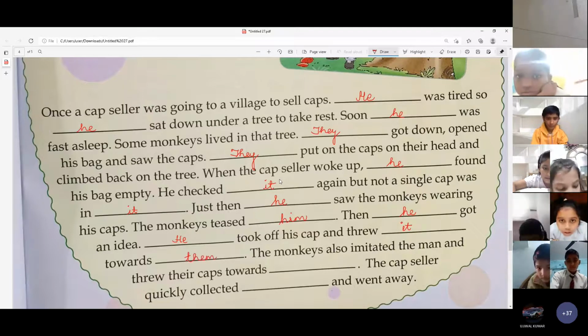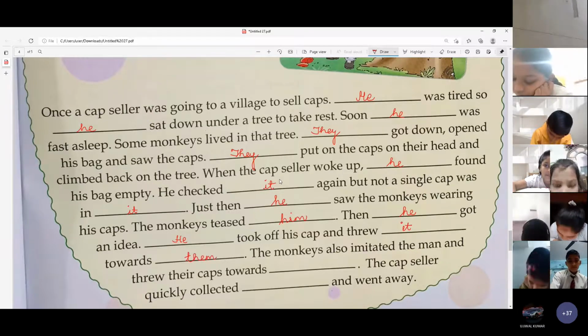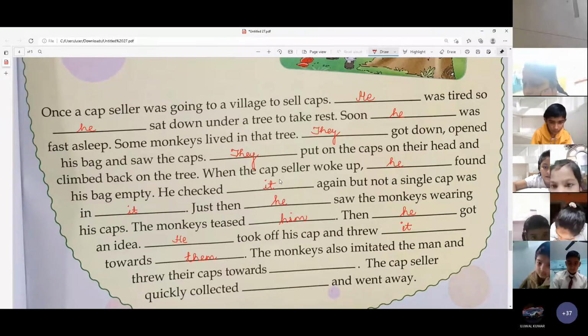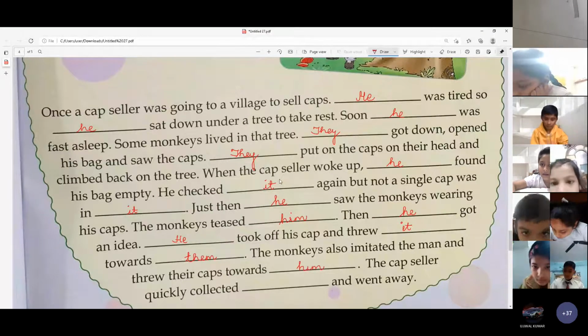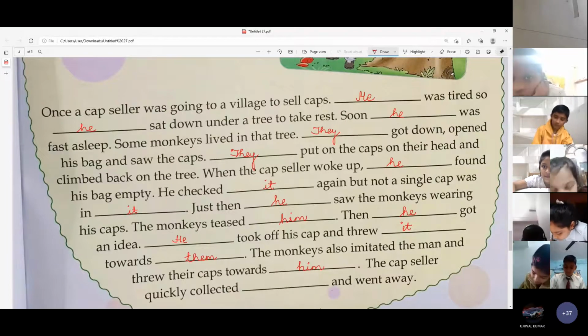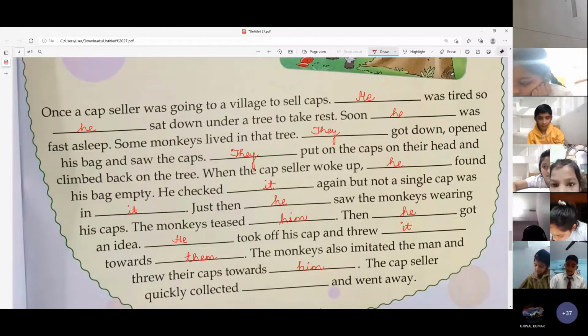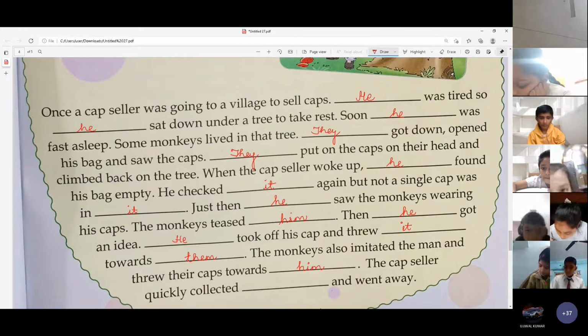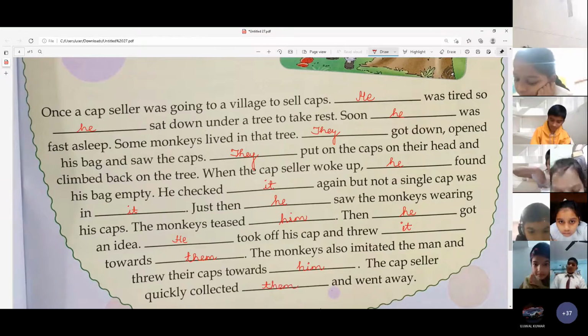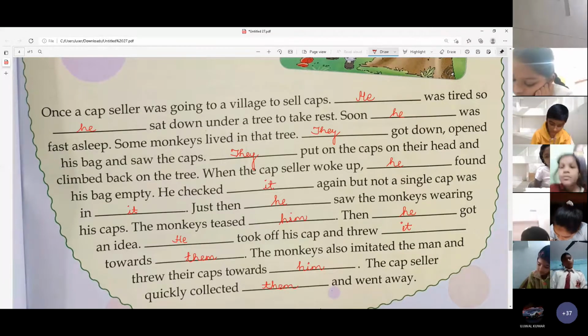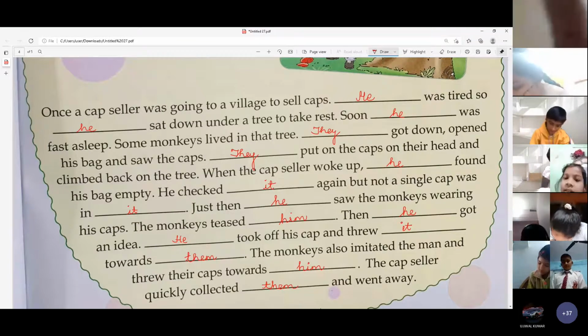Monkeys की तरफ अपनी cap फेंकी, because monkeys imitate करते हैं. So the monkeys also imitated the man and threw their caps towards him. The cap seller quickly collected them and went away.